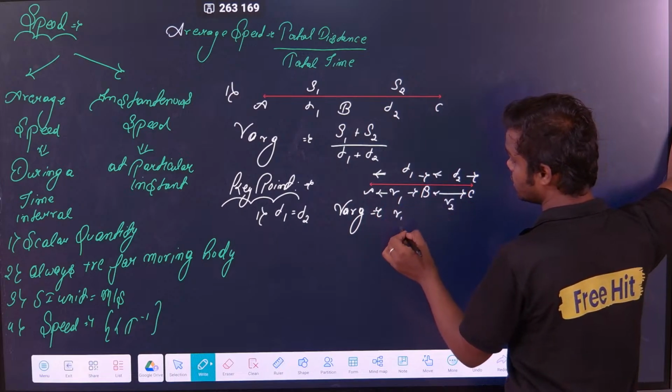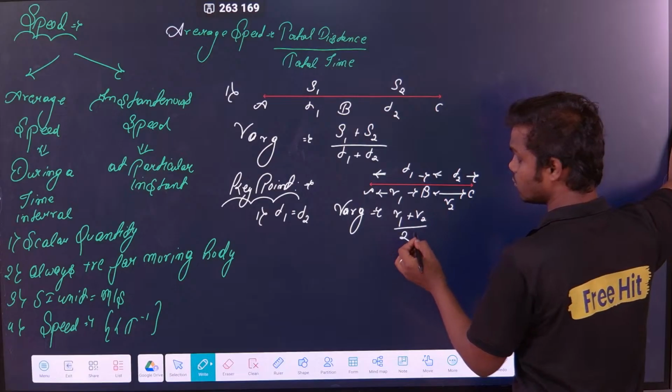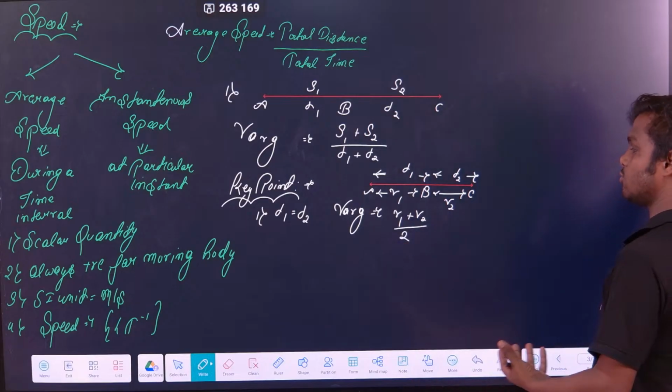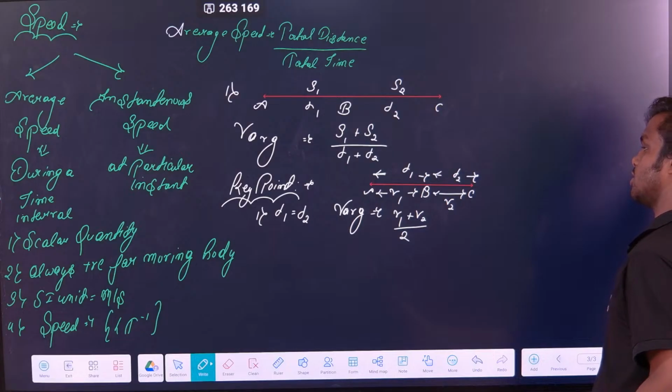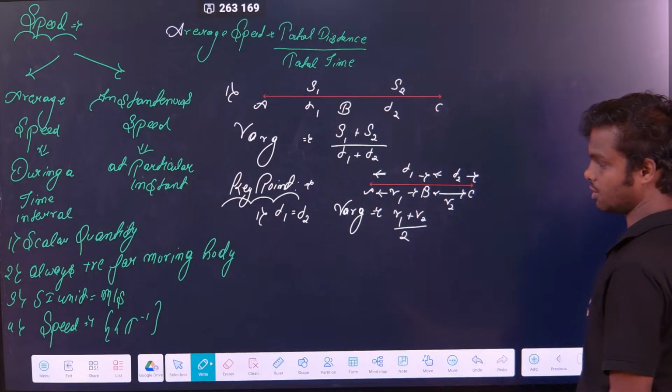So what is V average in this case? V1 plus V2 divided by 2. Simple. You just take the two velocities and take the average, because T1 and T2 both are same in this case.